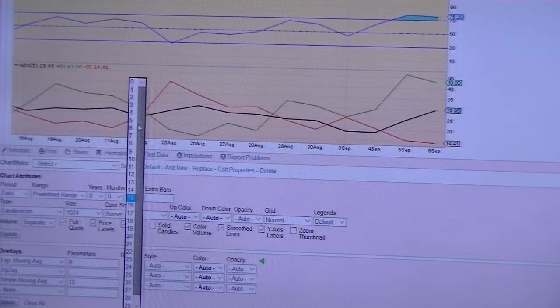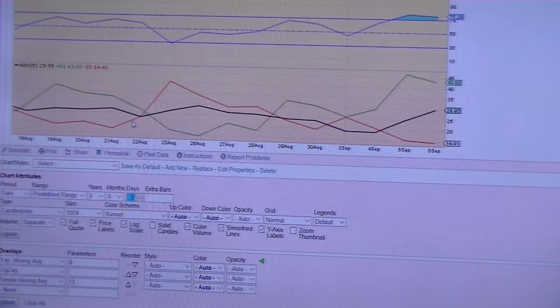So now let's take it down to about 5 days. So 5 days, last week.